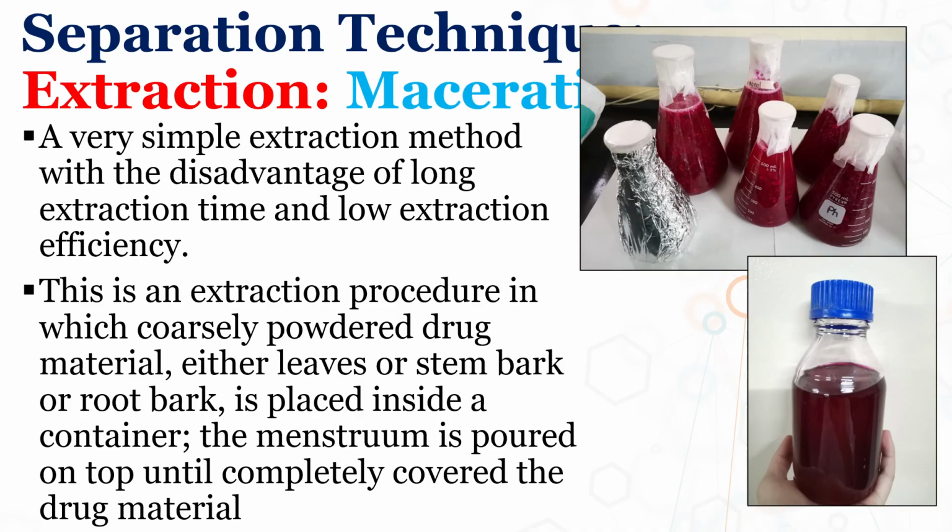So the menstruum is poured on top until it completely covers the drug material. When we say menstruum, that's the liquid part or the solvent that is being used for the maceration of the product, like for example leaves.